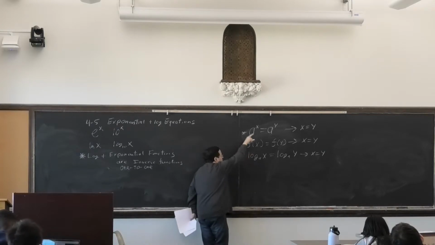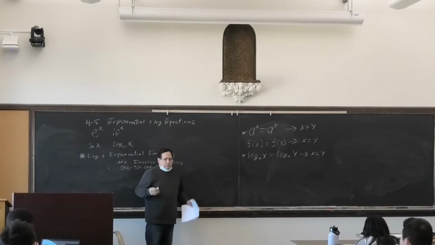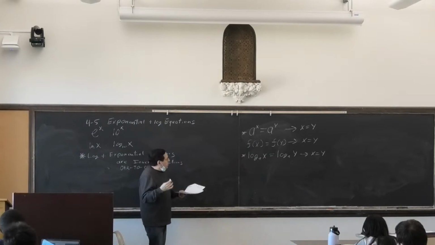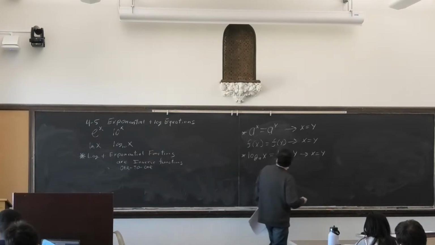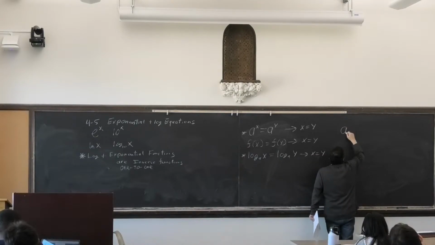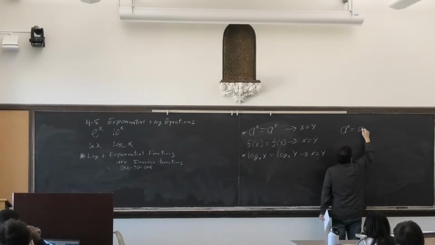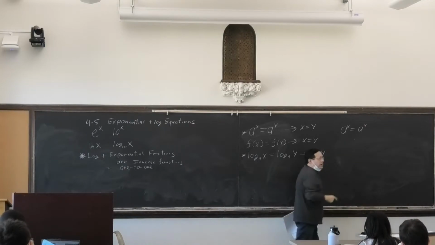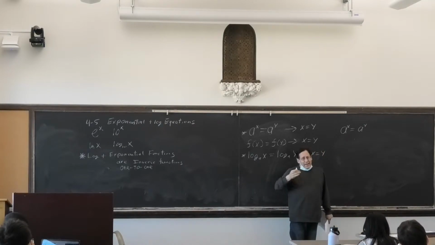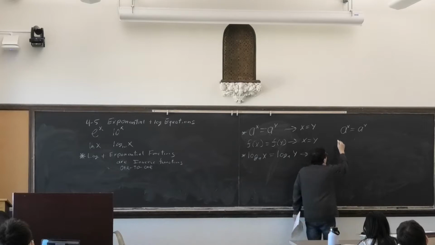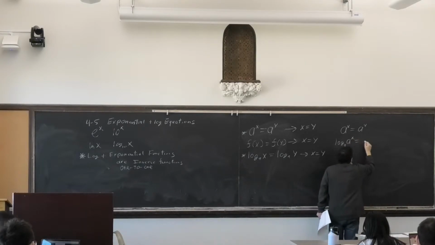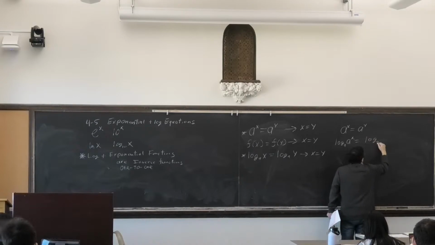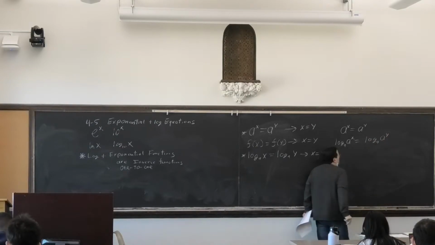You can make this direct association, but you also can do some calculation to do this too. You could say a to the x equals a to the y. If I find the log to the base a of both sides, log to the base a of a to the x equals log to the base a of a to the y.